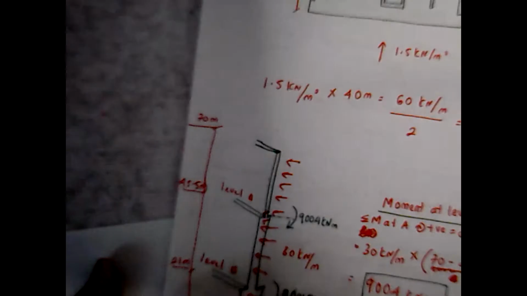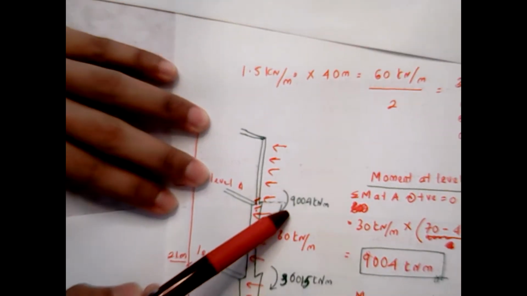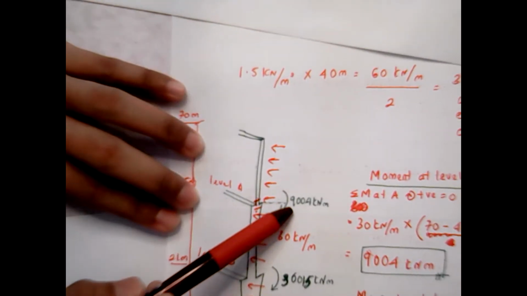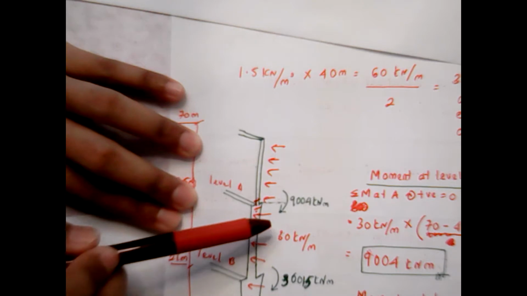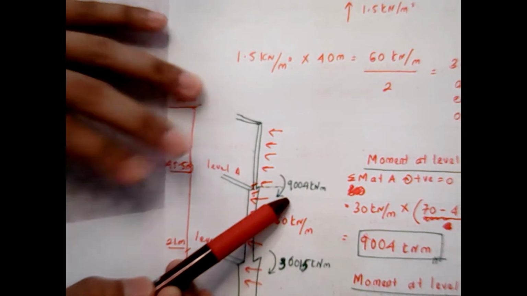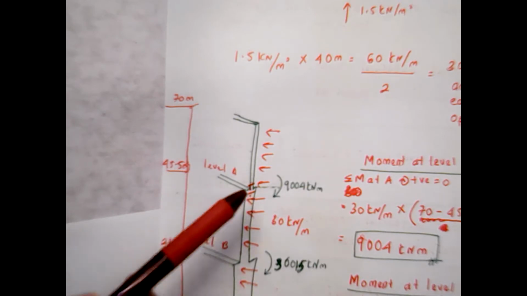So you need to distribute the moment 9004, meaning that you get these distributions. You have 0.361 and 0.442, so 0.361 from 9004 will be distributed at the top of the interchange level, and 0.442 times the 9004 kilonewton meter will be distributed just below the interchange level.